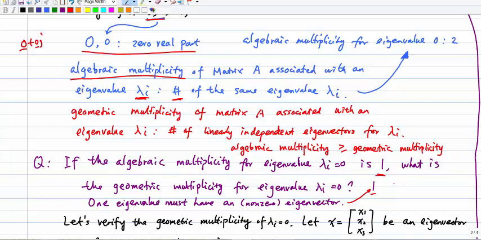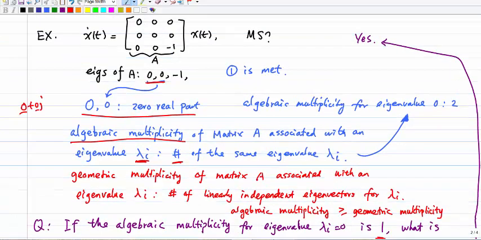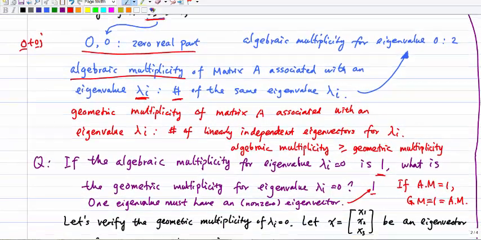So actually they are equal by default. If my algebraic multiplicity is equal to 1, I must have the geometric multiplicity also equal to 1, which is equal to the algebraic multiplicity. That means if you find eigenvalues with 0 real parts and you only have one of them, you don't have to verify. That's by default.